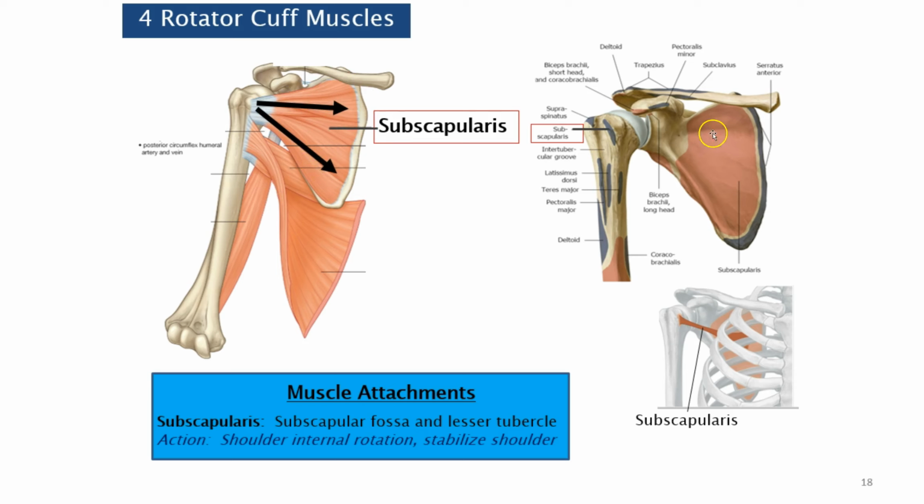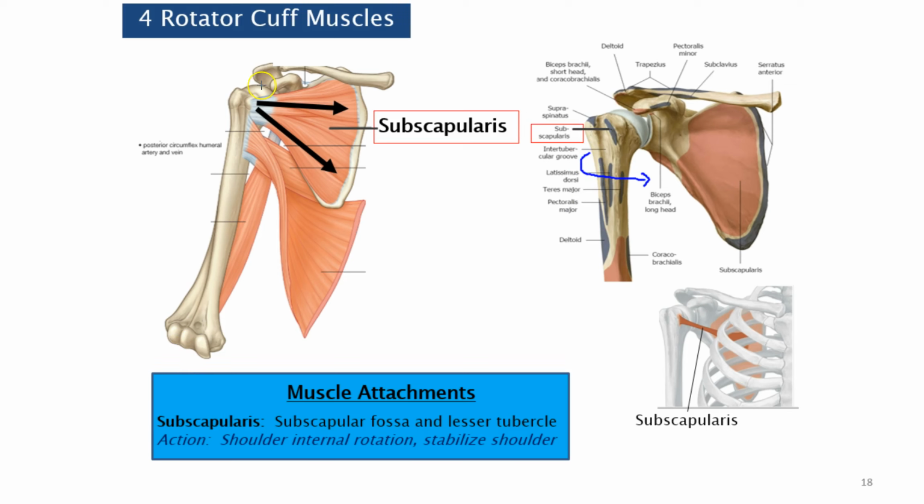Emanating from this huge fossa, with this very large footprint, the subscapularis muscle extends over to insert onto the lesser tubercle, to internally rotate or spin this humerus inward, or medially rotate the proximal humerus.